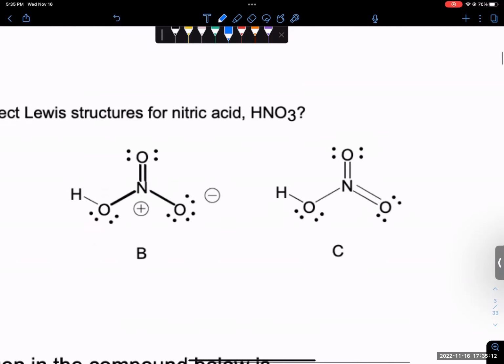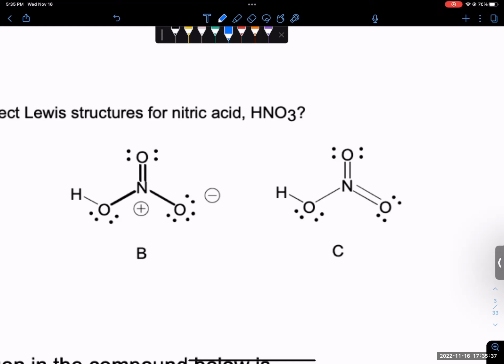So looking at B and C, you look at the formal charge and you're like, huh. I think to be the most stable, you want formal charges of 0. So you would choose C. But when you look at C, how many bonds does nitrogen have? It has 5 bonds, right? It has too many bonds, meaning what?